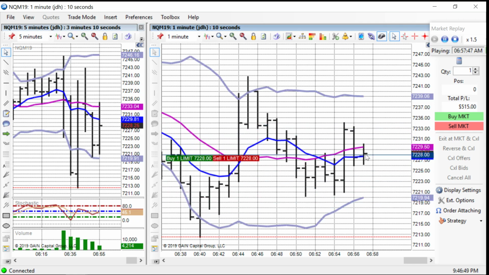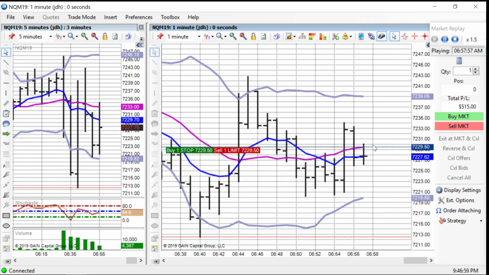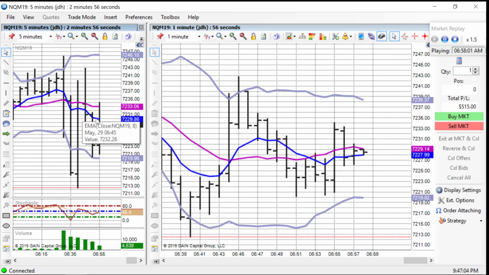Looks like it's trying to form a 1, 2, 3, but you wouldn't want to go long until it crossed over here on the 1-minute chart, and look, the 8 EMA line is still generally down on the 5-minute chart.